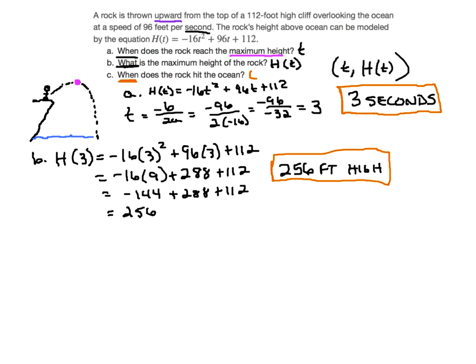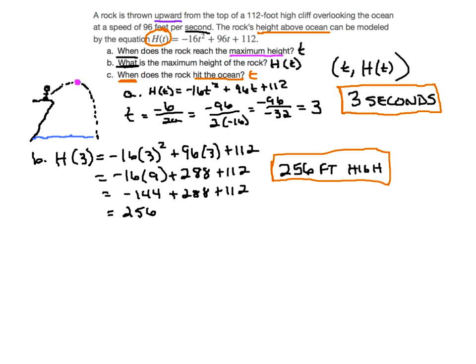And finally, we're solving for t again: when does the rock hit the ocean? You have to be a little clever here. h of t stands for the height above the ocean. If the rock hits the ocean, that height is equal to 0.